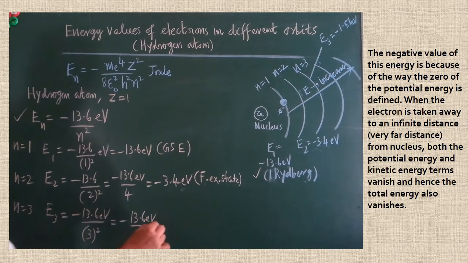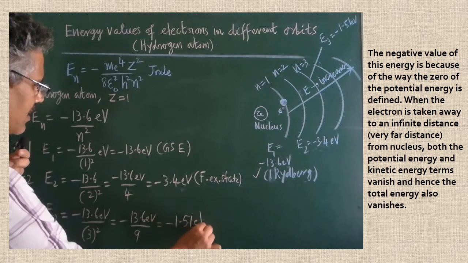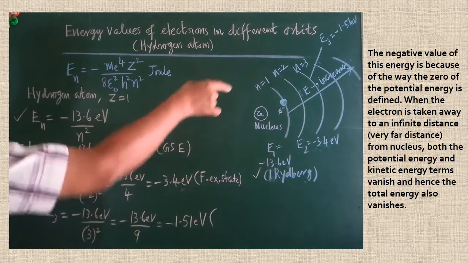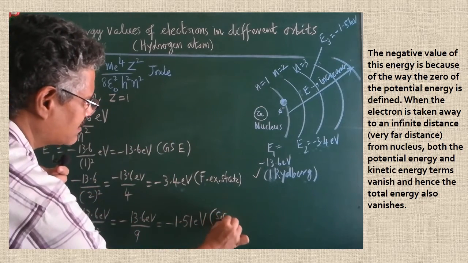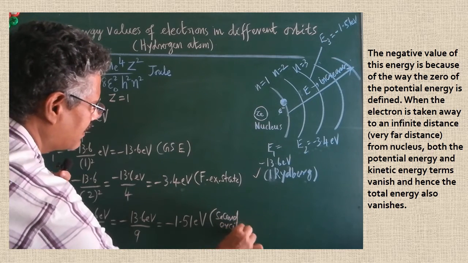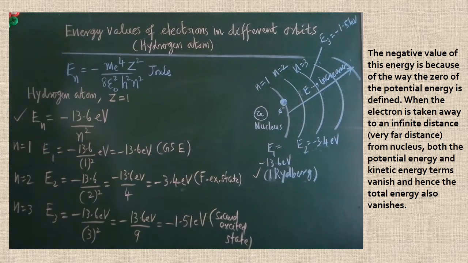The energy value will be minus 1.51 electron volt. This is the energy of the electron in the third orbit, called the second excited state. So like that we are able to calculate the energy of the electron in various orbits.